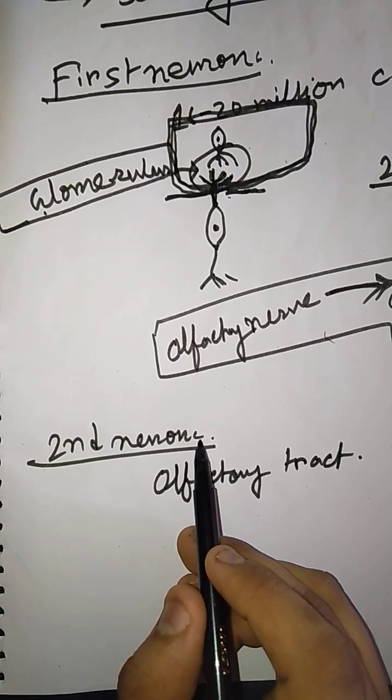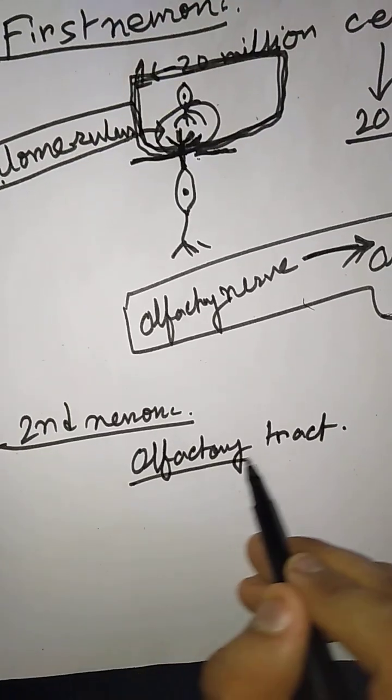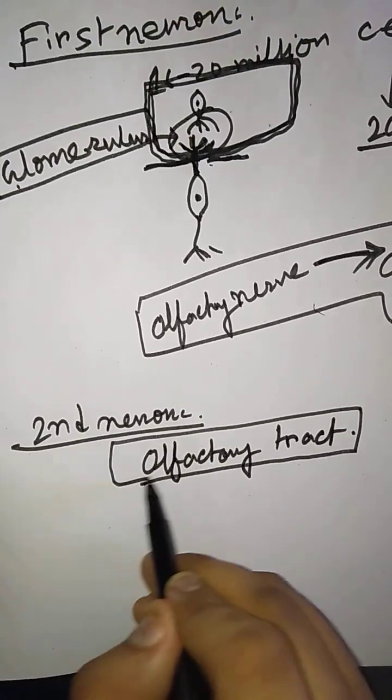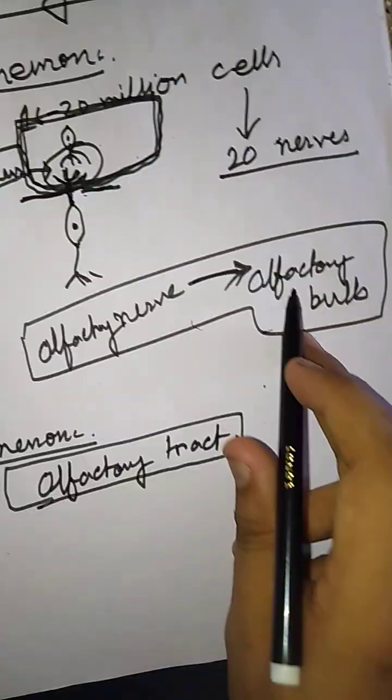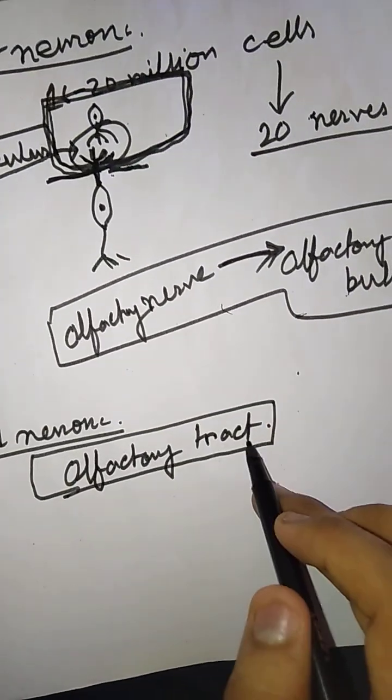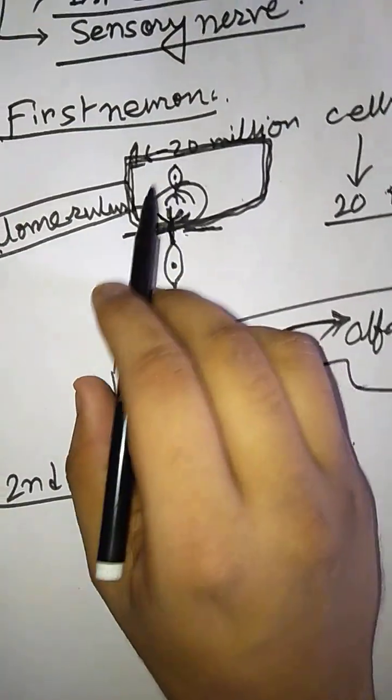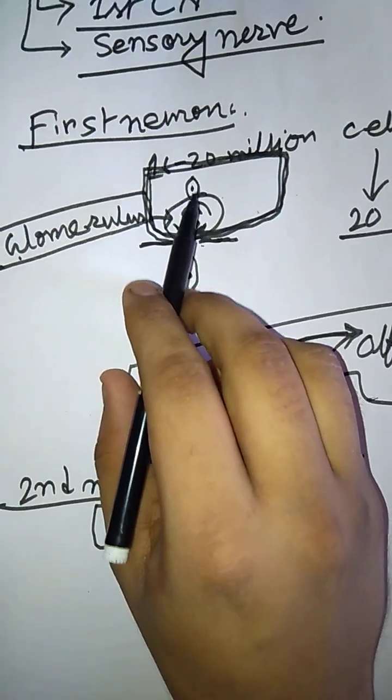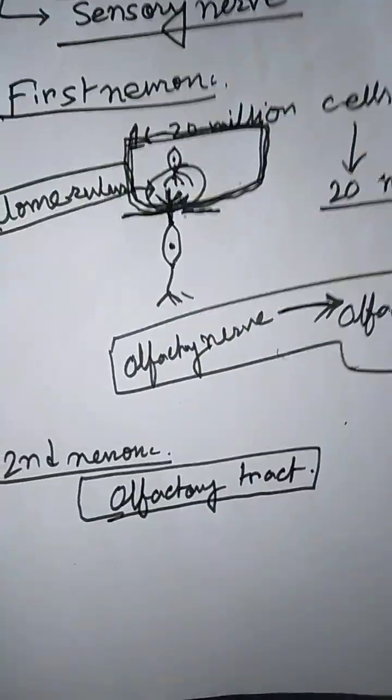Mainly the second order neuron is the olfactory tract: in the olfactory bulb, after the axon terminals of the mitral cells join together, it goes to the olfactory tract.